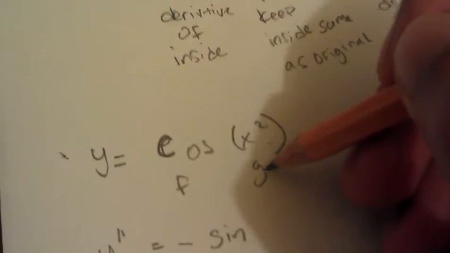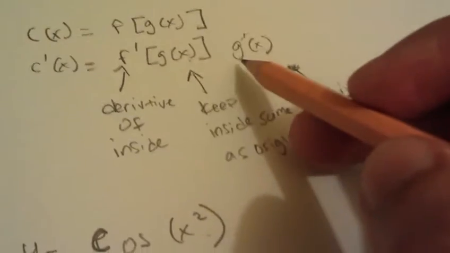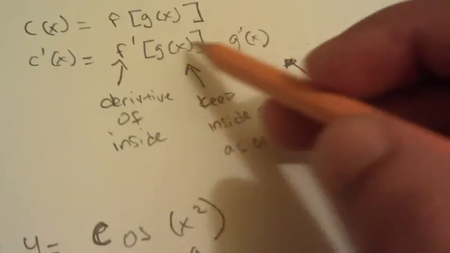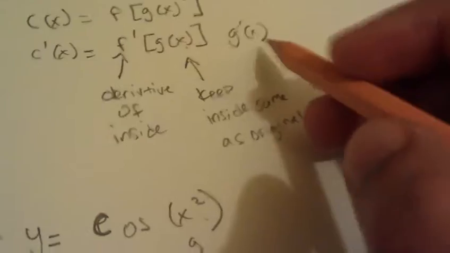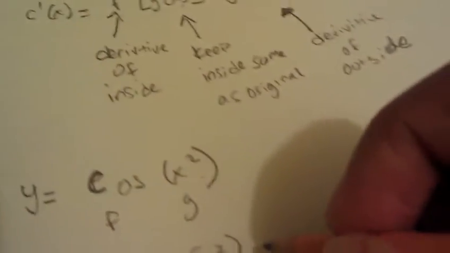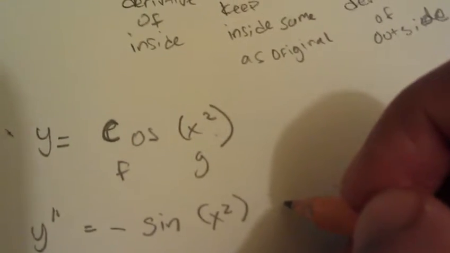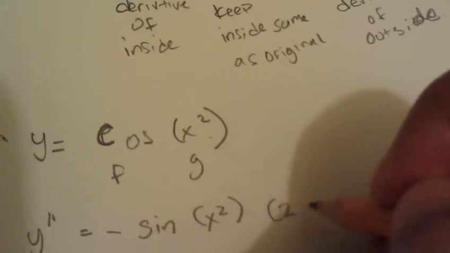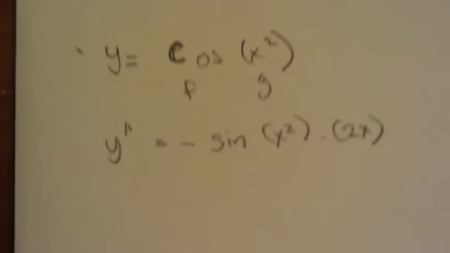However, the chain rule also states that you take the derivative of whatever is inside. The derivative of x squared is simply 2x. So there you go. That's the chain rule.